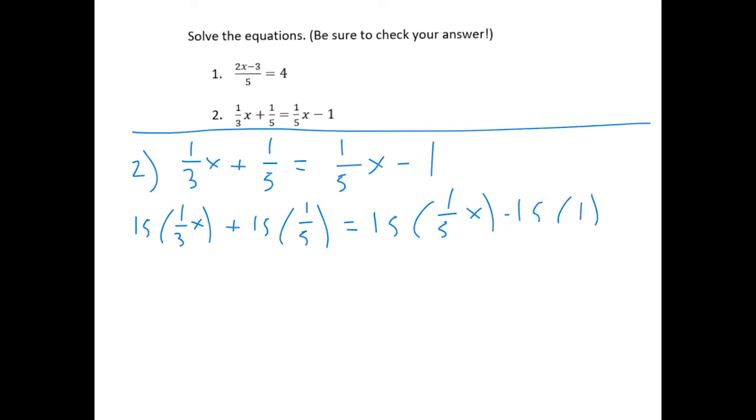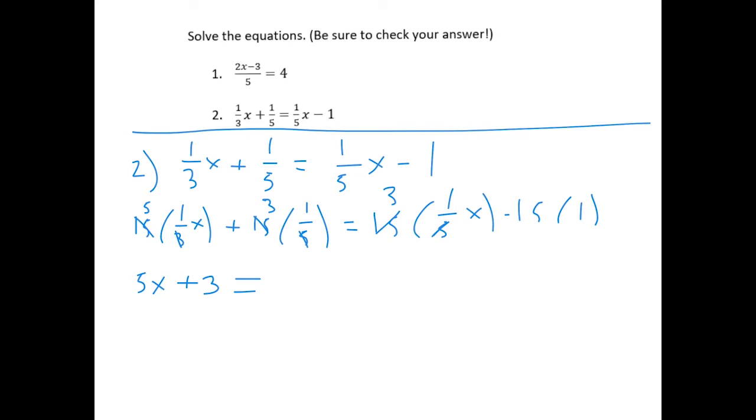Okay, so the 3 is going to cancel with the 15 and leave 5. So that's going to give us 5x. The 5 will cancel with the 15 and leave 3. So 3 times 1 is 3. So that's going to leave us with 3 equals, the 5 will cancel with the 15 and leave 3.